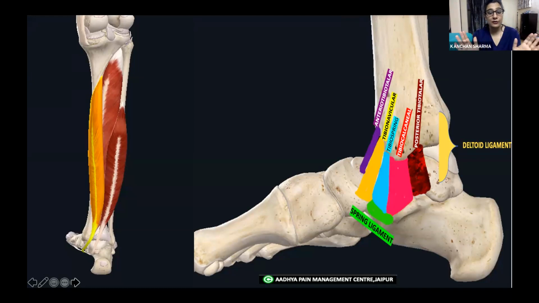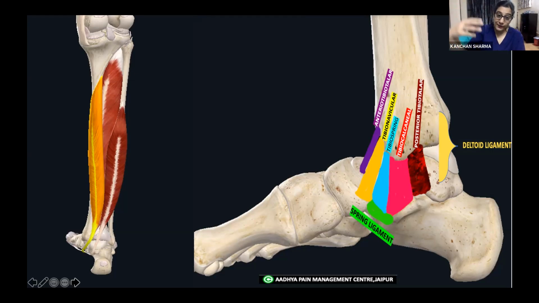So that is part of the superficial layer. And if you come to the deeper layer, again you have 3 tendons. How easy was it to remember those tendons? One is your tibialis posterior, then your flexor hallucis longus, then your flexor digitorum. So 3 tendons are from the deeper layer, which is present on the posterior aspect.